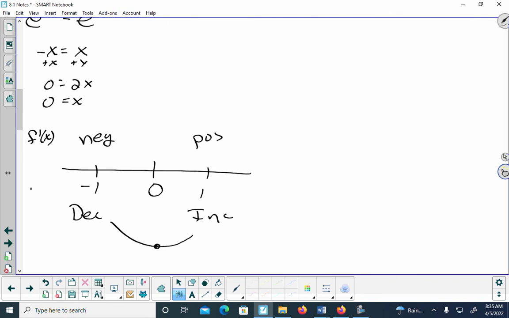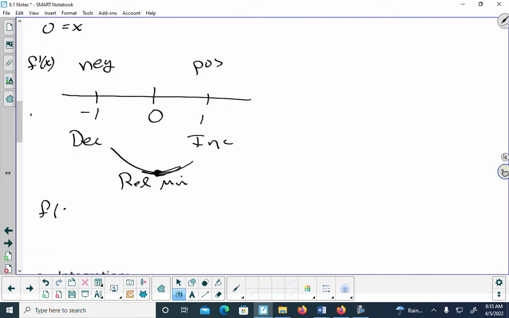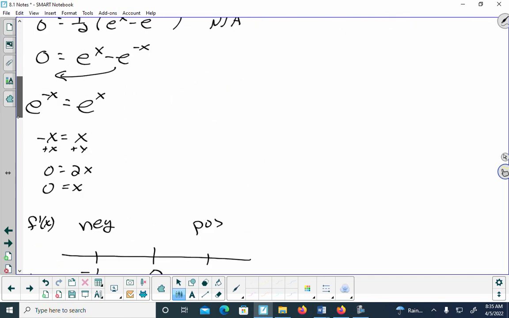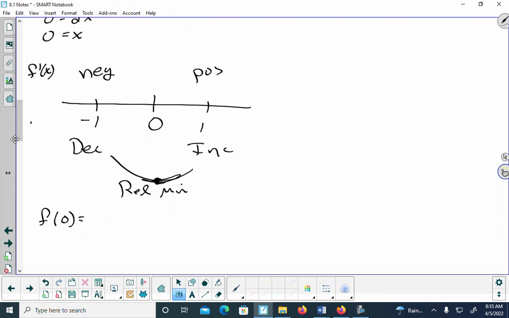So at 0, I am going to have a relative min. To find that relative min, I am going to find f of 0. Going back to the original function, I'm going to put 0 into the original function, which is way up there. So I'm going to say e to the 0 plus e to the -0, which is just 0, all over 2.